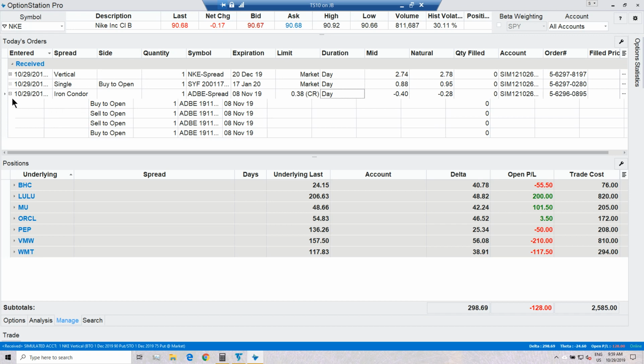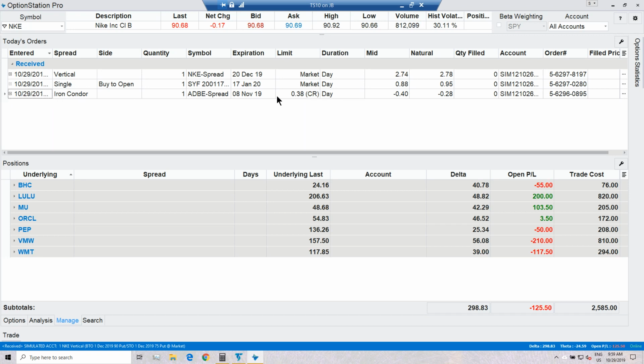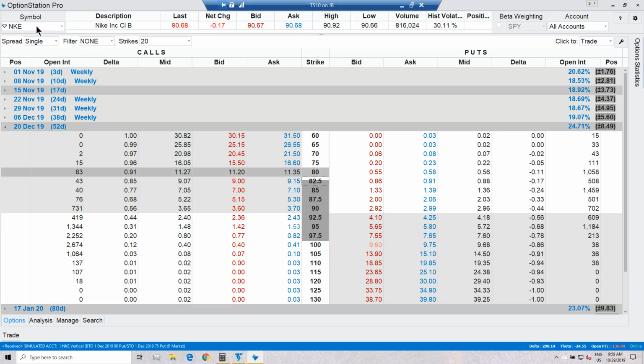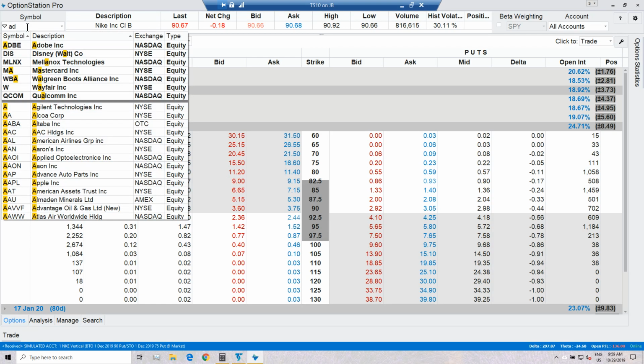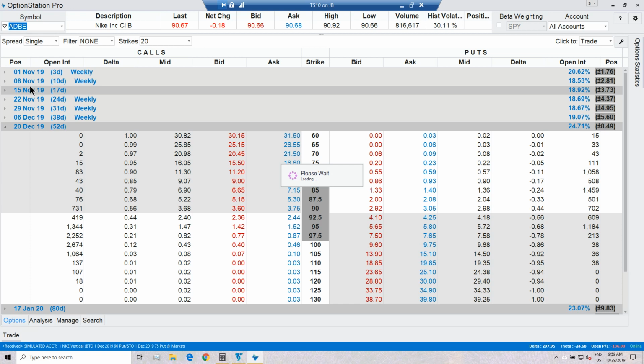So right now I got my iron condor waiting to get filled, and I have a trade on SYF waiting to get filled whenever that stock falls, and the trade with Nike waiting to get filled whenever that stock rallies up. So I got all of these ready, and that's what I'm waiting for now, those fills. Out of curiosity, how are things with the Adobe trade? Anyone got filled on the Adobe trade?